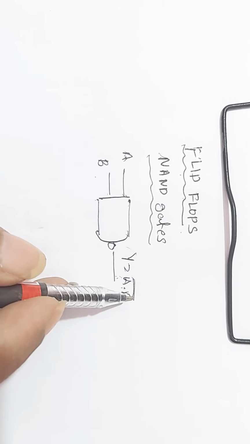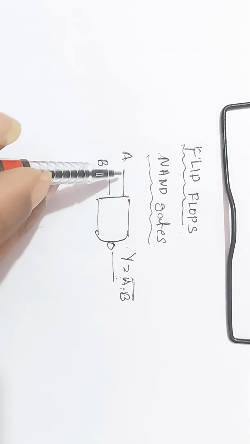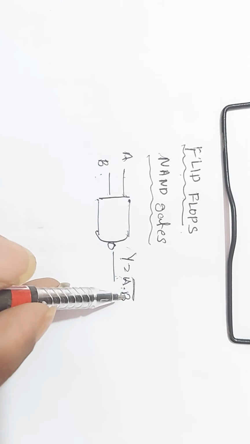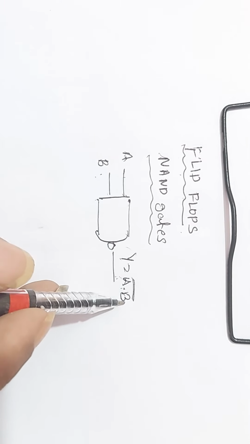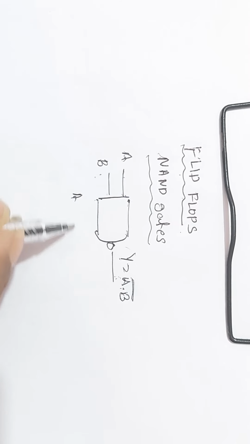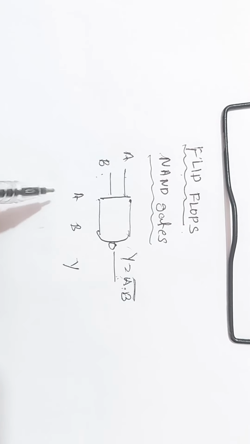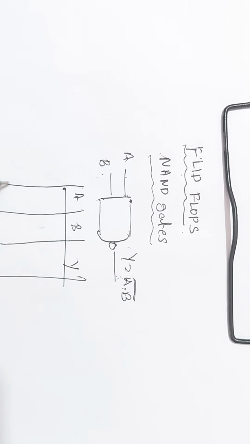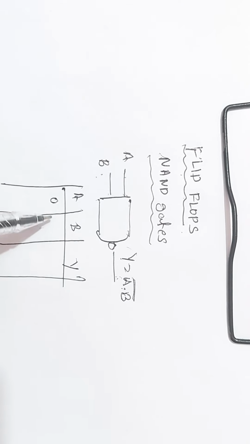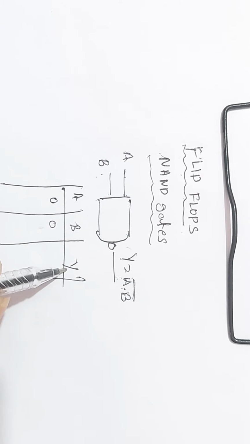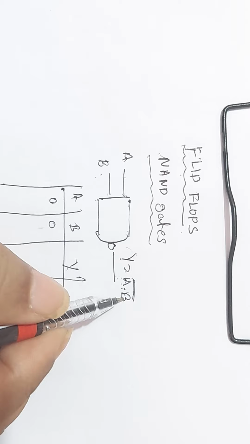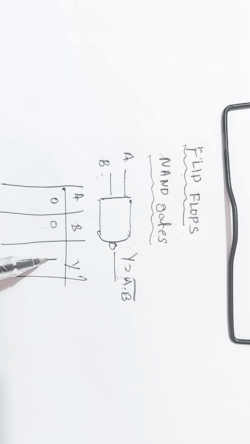Bar means complementary. So when input A is 0, input B is 0, Y is equal to 0 into 0, 0, complementary 1, Y is 1.